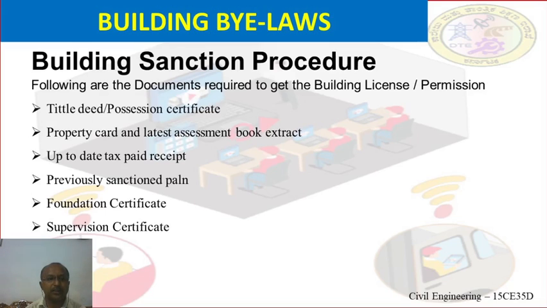Now let us discuss what is involved in getting the permission or sanction from the competent authority. Following are the documents required to get the building permission or license: title deed, possession certificate, property card and latest assessment book extract, up-to-date tax paid receipt, previously sanctioned plans, the foundation certificate, and supervision certificate.